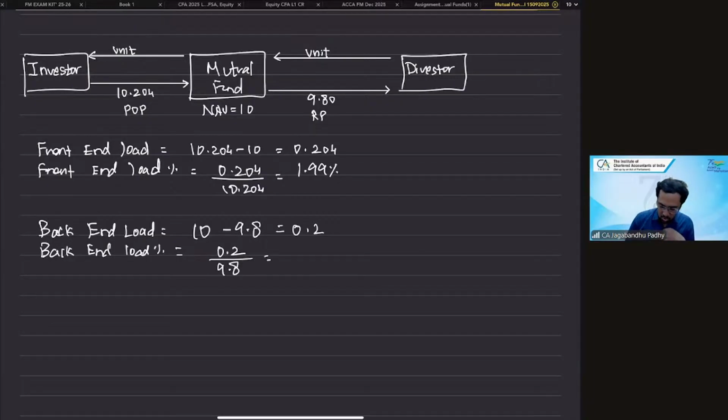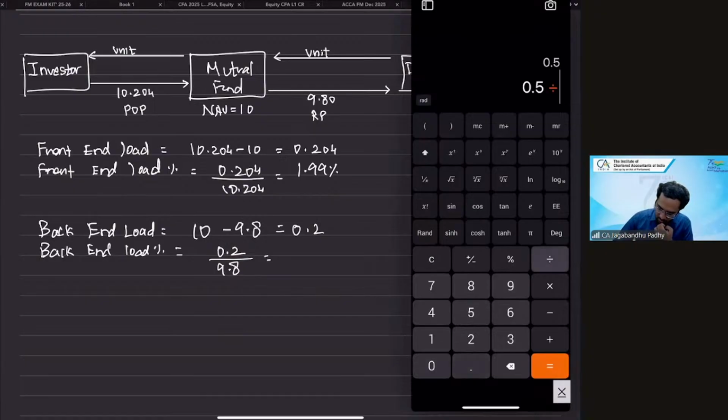It's like you're receiving 9.8, and out of that 9.8, you're paying out 0.2. So 0.2 upon 9.8 is how much? 2.04%.